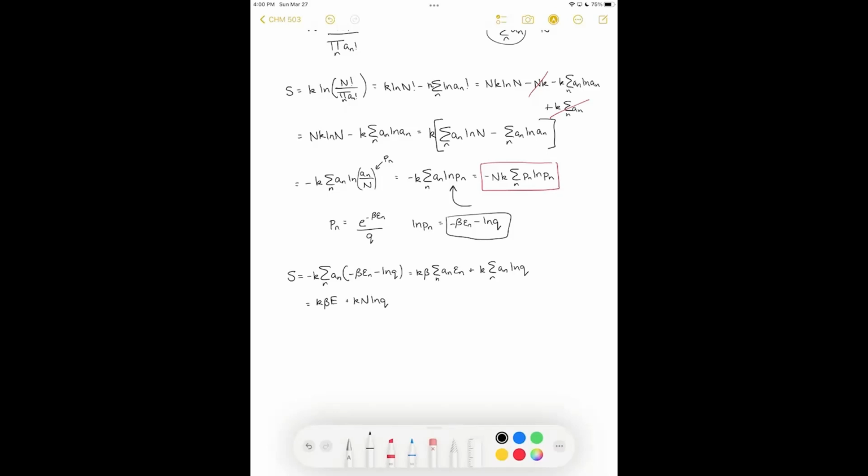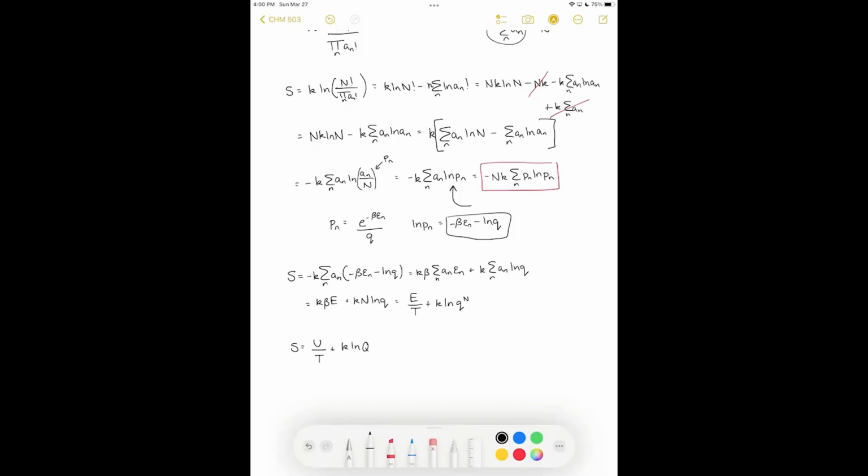We can relate k beta to temperature. We've done this before. So k beta is simply 1 over T. This gives us a definition of entropy as E over T, plus k natural log of Q raised to the N. Here we recognize that E is simply the internal energy U. So our entropy is U over T, and Q to the N is the canonical partition function, capital Q. So our entropy can be written as U over T plus k natural log of Q, where Q is the canonical partition function.